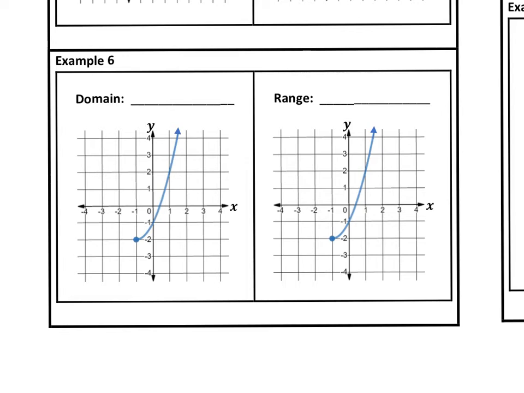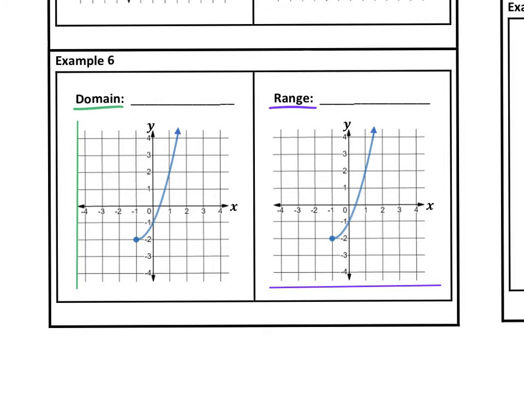Okay, just a reminder again, we are using the same graph, and I just did the same graph twice. On one side we're looking at domain, and on the other side we're looking at range. For domain, I'm going to draw a vertical line, and for range, I'm going to draw a horizontal line.